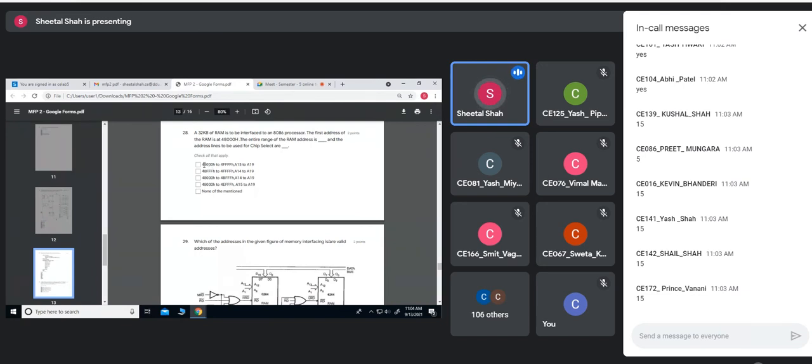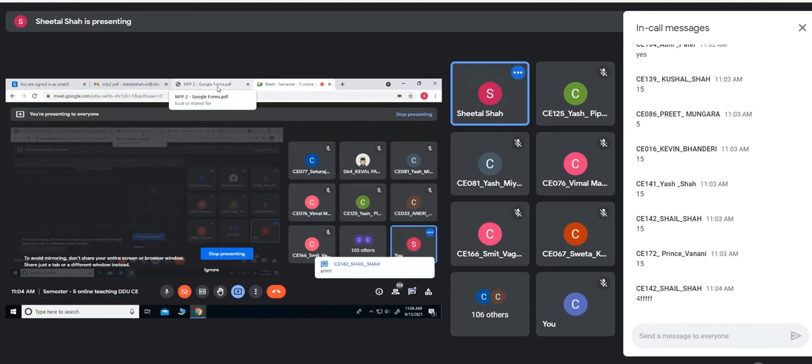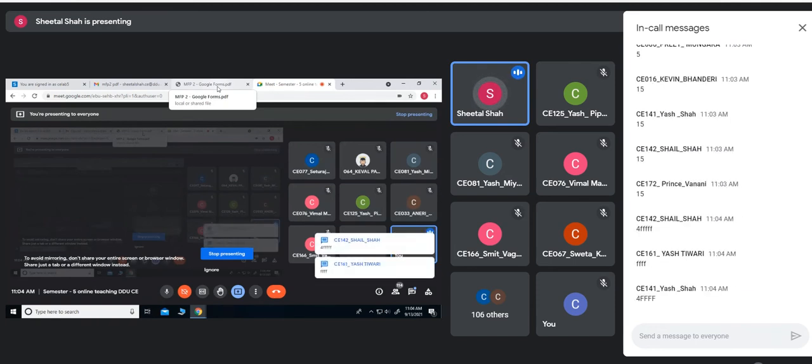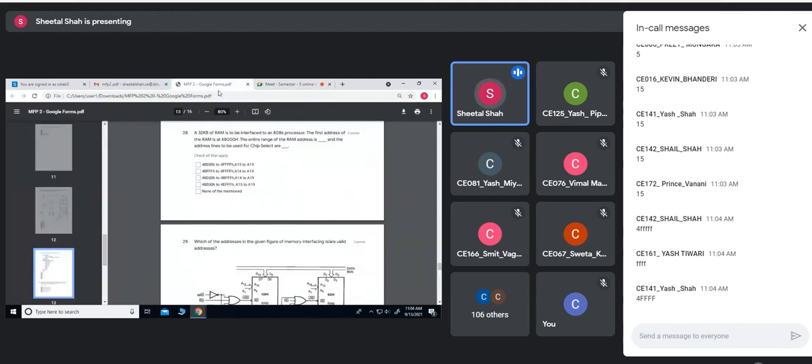So the starting address is 48000 and the ending address, in the memory range, would always be all ones. So what would be the last address in that case? 4FFFF. So that would be the last address in this memory range, 48000 till 4FFFF.